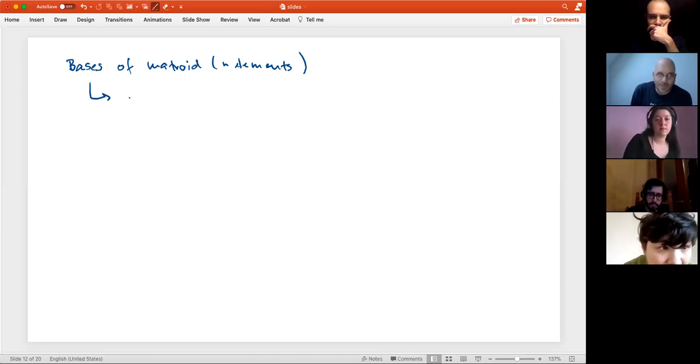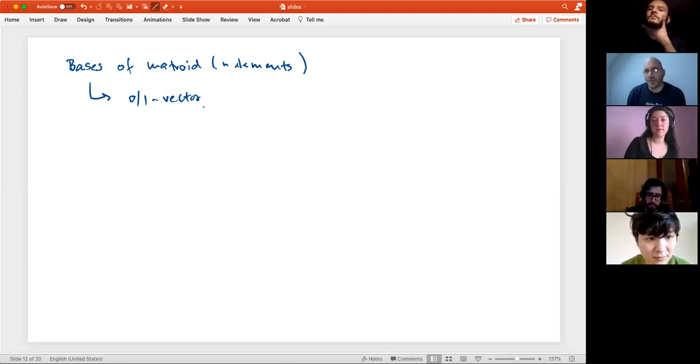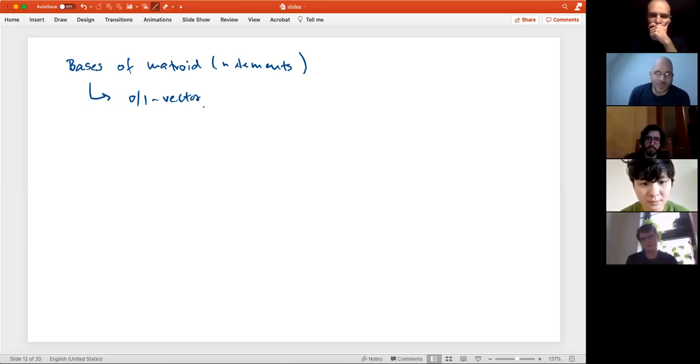Each basis is now a 0-1 vector in n dimensions.